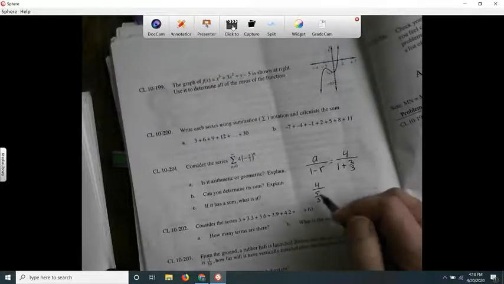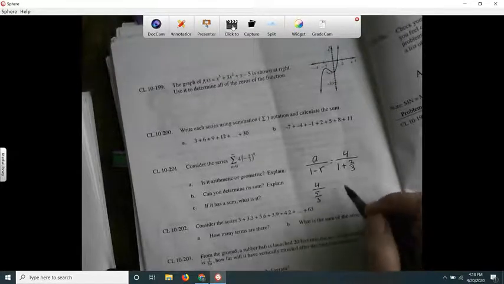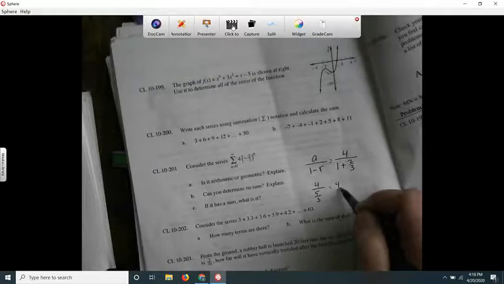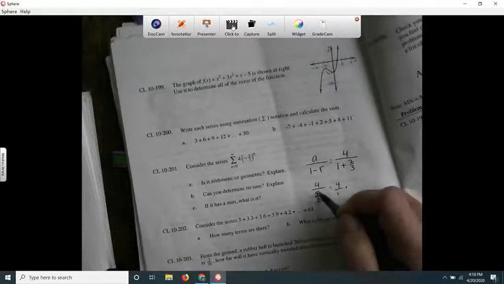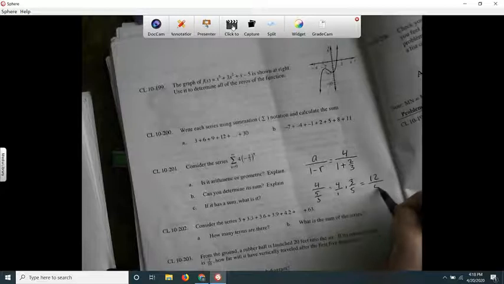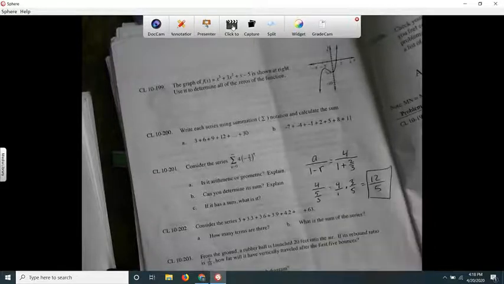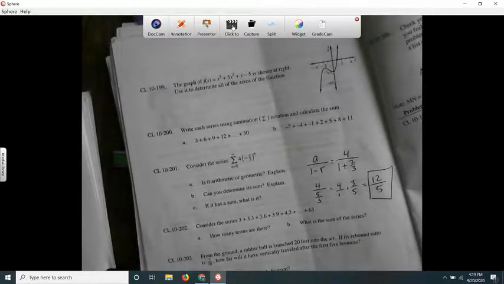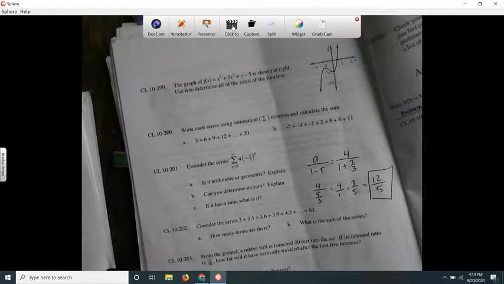And I like to do that thing where you flip and multiply. So I'm going to say that's 4 over 1 times, I'm going to flip this, times 3 over 5, and I'm getting 12/5. Let's check that and see if that's right. Yep, 12/5. So that's just in your math notes box.